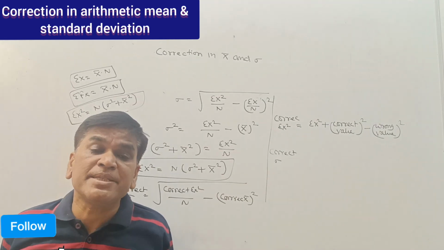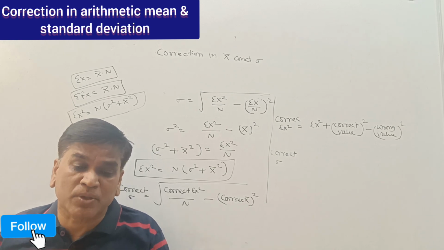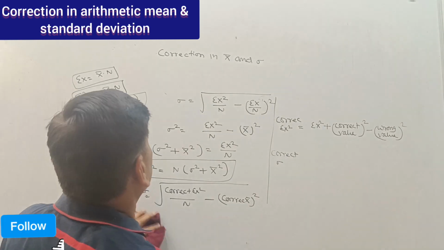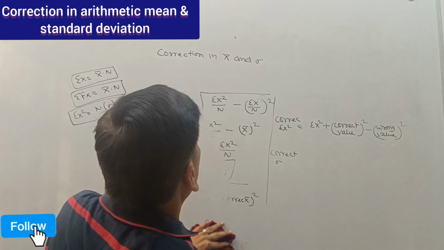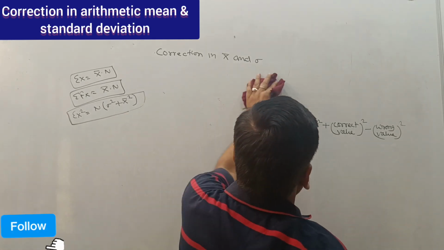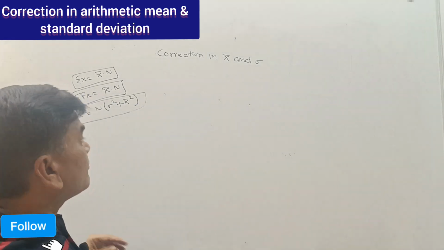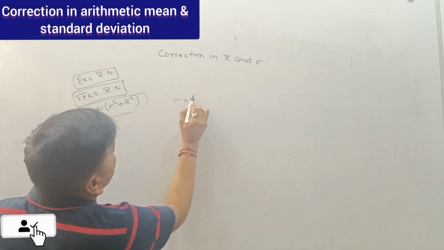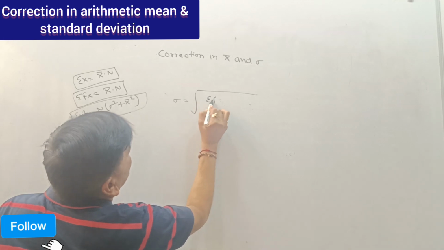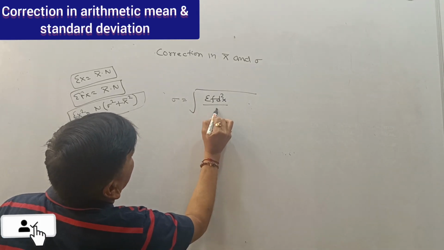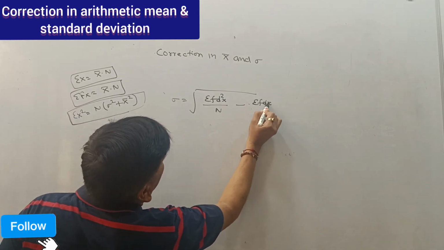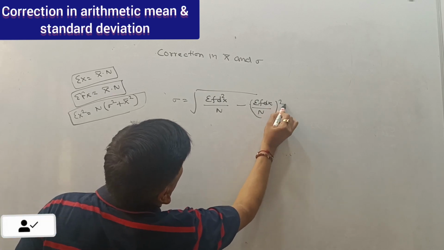If the frequency is given, how will we solve this? If we have been given the frequency, in standard deviation, what will we do? Standard deviation is the square root of sigma f d square x upon n minus sigma f dx upon n raised to power 2.